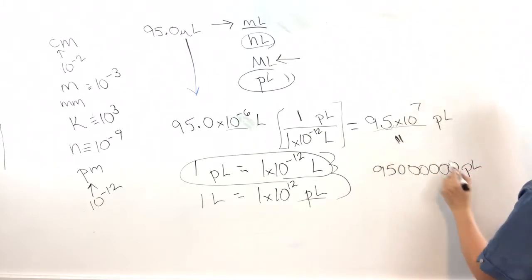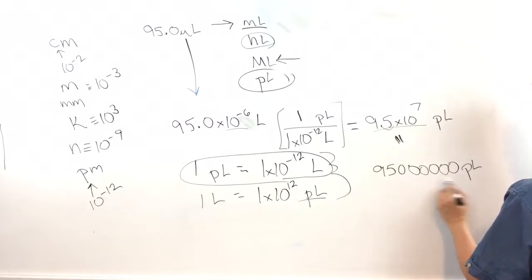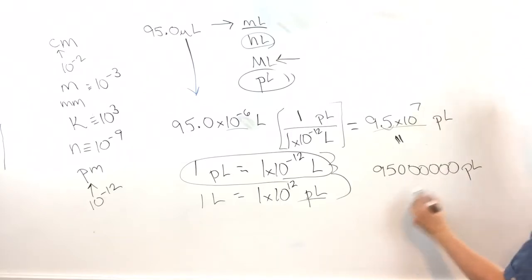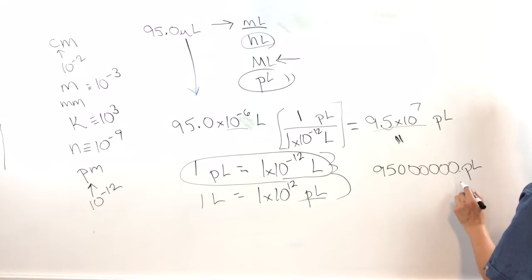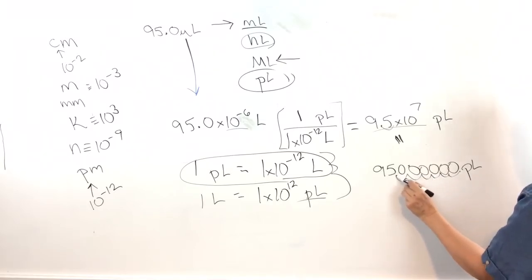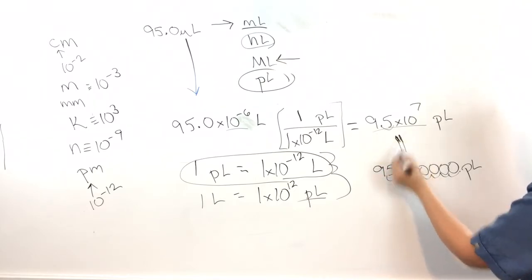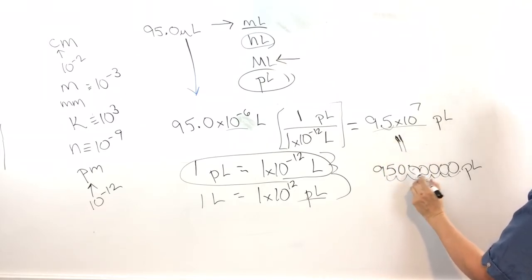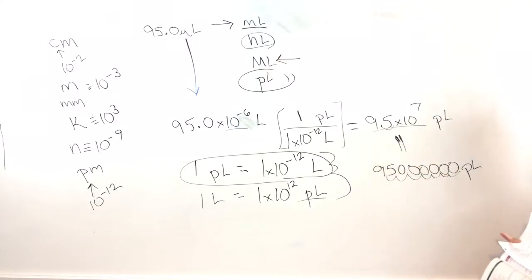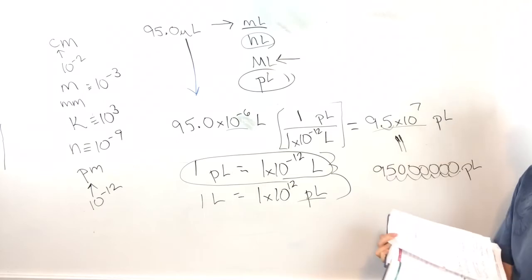And I can check this by just converting this number back into scientific notation. So if I put the decimal here, I can go 1, 2, 3, 4, 5, 6, 7. So this is equal to 9,500,000, which is equal to 9.5 times 10 to the 7 picoliters.